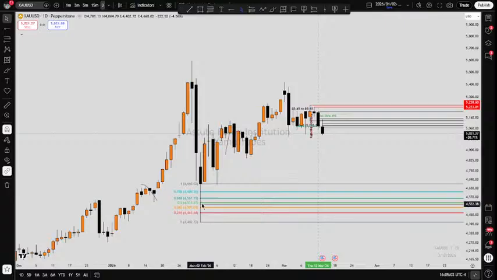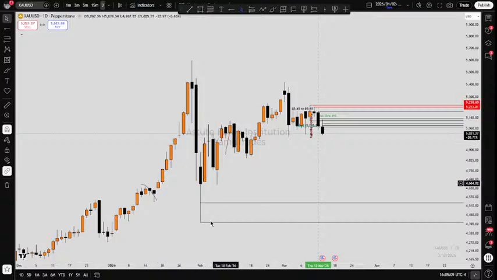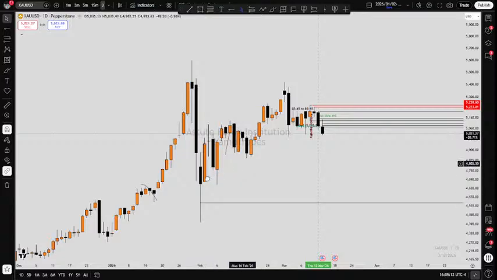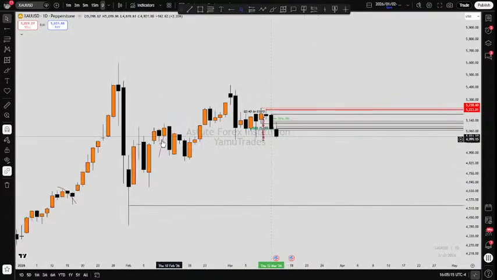I'm not saying it's going to touch here this week. No, don't get me wrong, guys, this is not being realistic. Gold is going to touch this. It's going to come here. Why am I saying that? Because the sell side liquidity is resting below here, and also these relative equal lows, right?